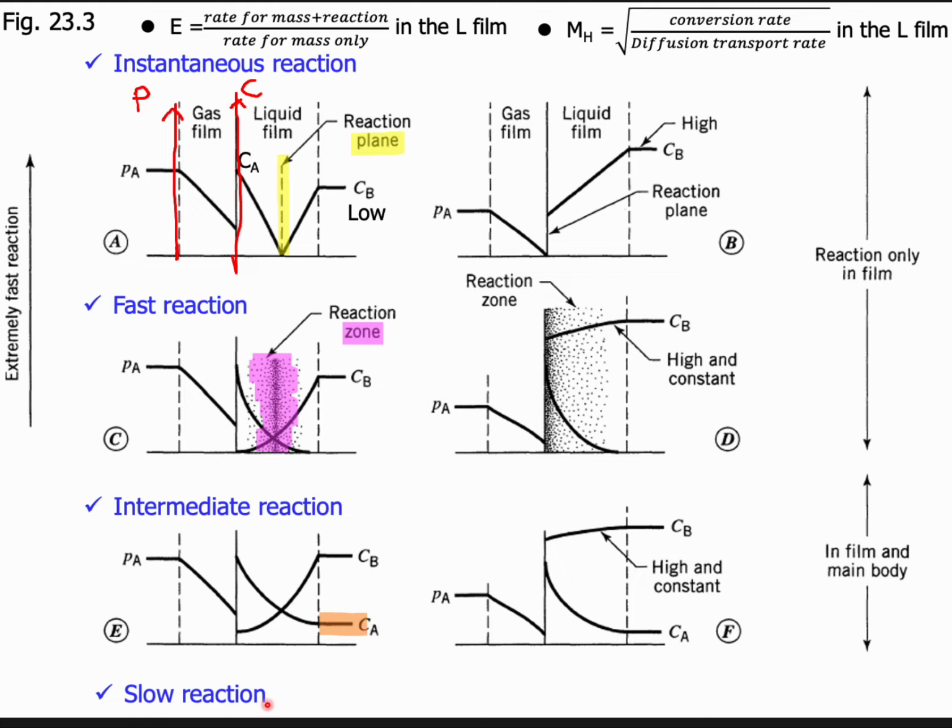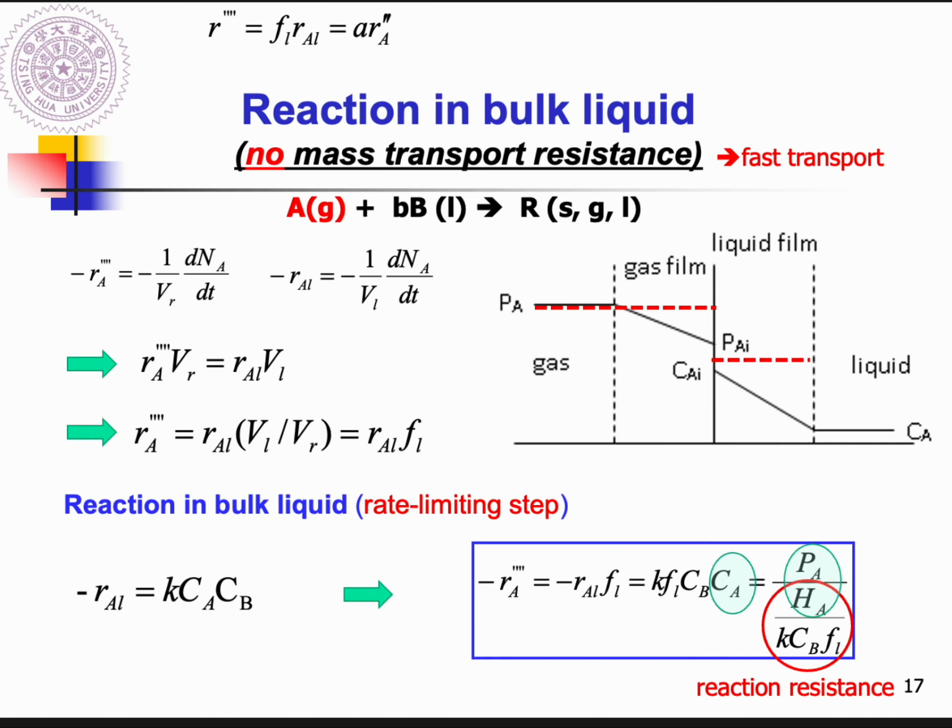Compared to transport, a slow reaction means the transport is very fast. So mass transport is much faster than the reaction. Under this situation, E will equal 1, which means all chemical reactions happen in the bulk liquid. Transport is very fast, and this is the one we just showed here.